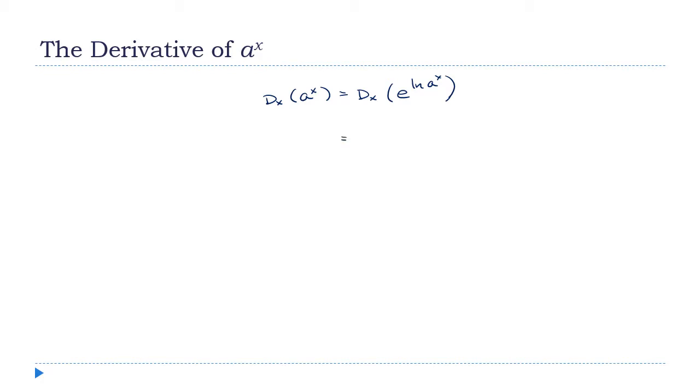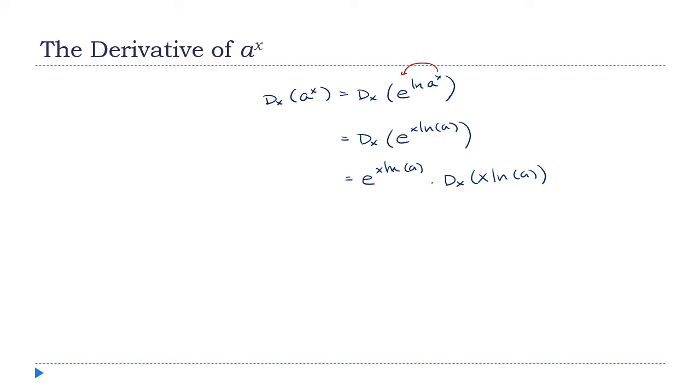Now I'm going to use my logarithm properties. I'm going to take that x and bring it out in front. This is the derivative of e to the x ln of a. And I know how to do this, I know how to differentiate the base e exponential. This is e to the x ln of a times the derivative of x ln of a.